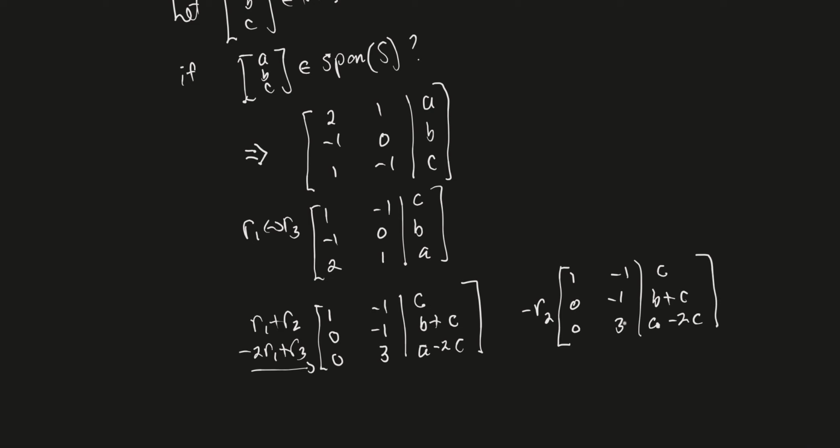Then let's do negative 3 times row 2 added to row 3.